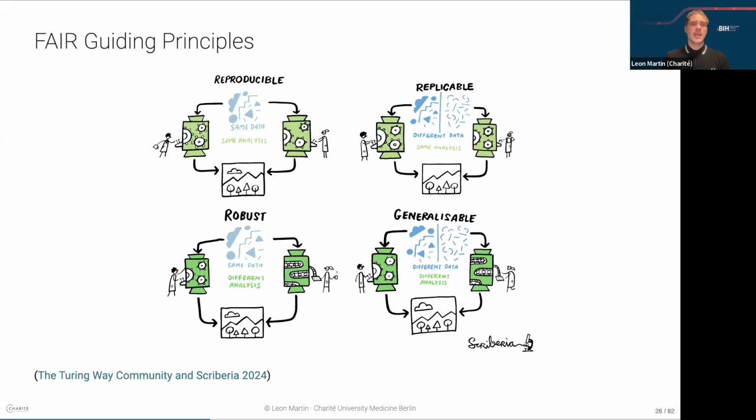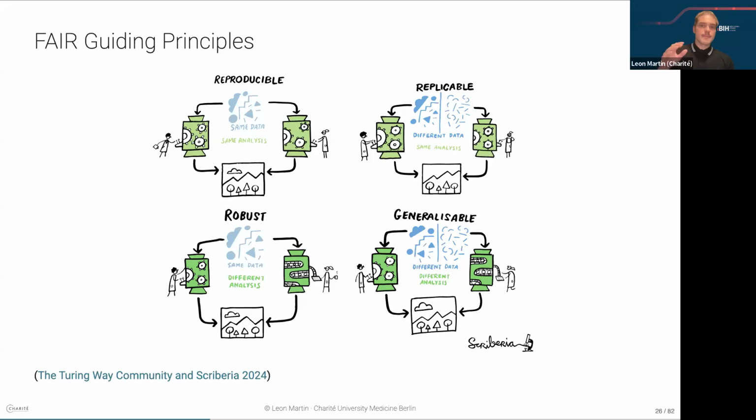So we try to enable replication and reproducibility of those models, because we not only want to show scientific results once, we want to show robust and generalizable results. So we need to find a way to have the same data and the same analysis. So we need to really reproduce a finding that is published by a colleague, maybe.